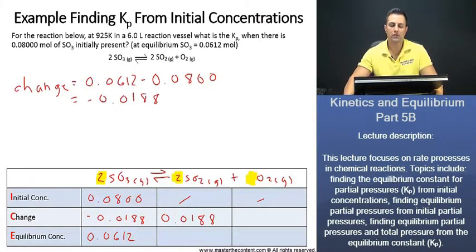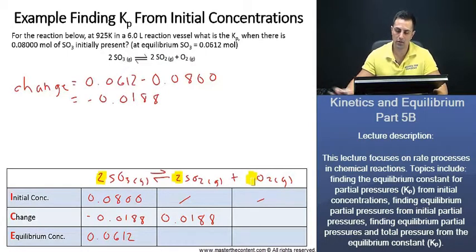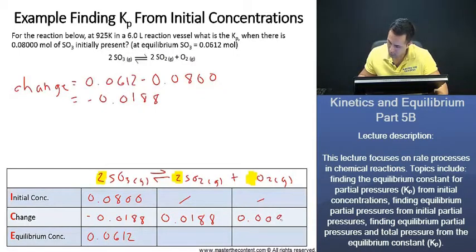But now, because we're going from 2 moles to a single mole for the oxygen, it's going to be half that amount. Therefore, we would write down 0.0094. Now at equilibrium, this is going to be 0.0188, 0.0094.